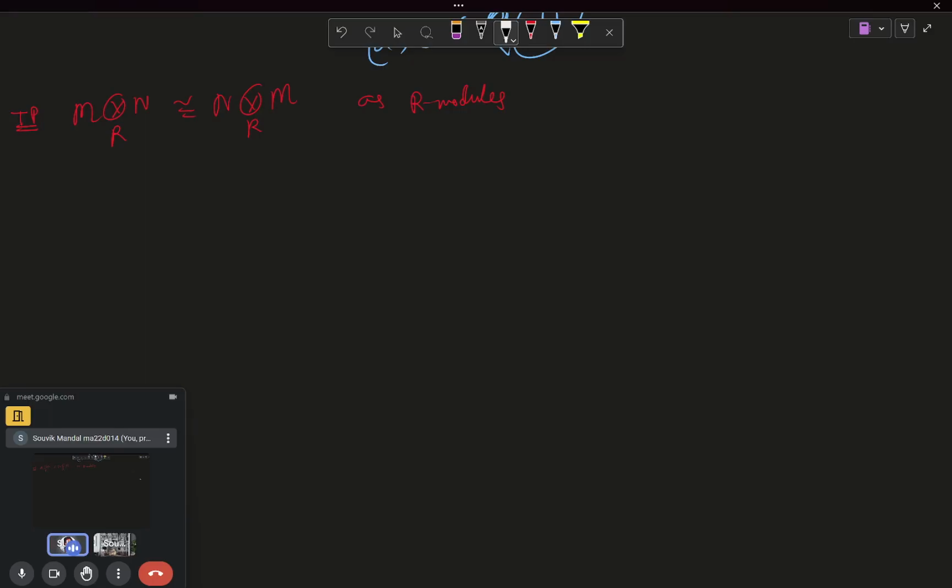Sir, if it is commutative, then the map small m tensor small n goes to mn. Sorry, tell me one thing. Small m tensor small n goes to mn.